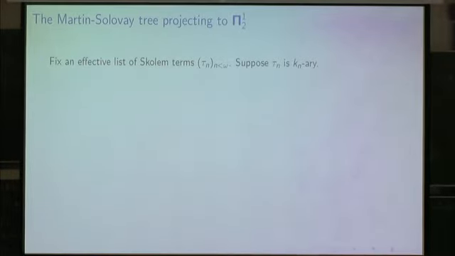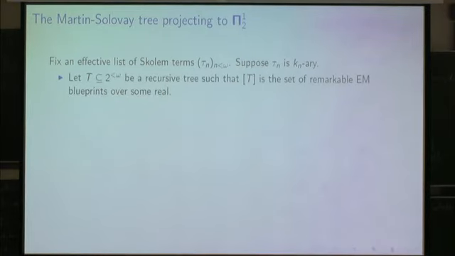So this allows us to define the Martin-Solovay tree. We fix an effective list of Skolem terms, where tau n is a k n-ary Skolem term. So we have a recursive tree on omega times 2, so that the infinite branches are the set of remarkable EM blueprints over a real.